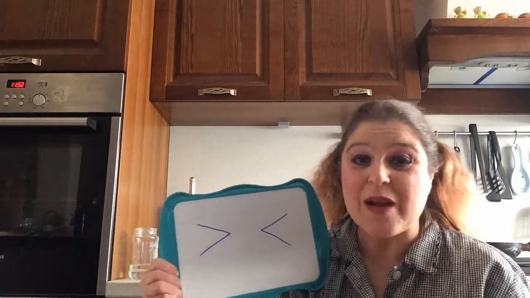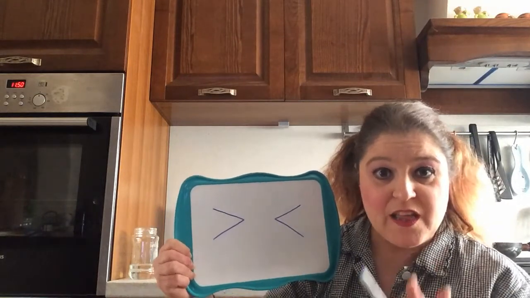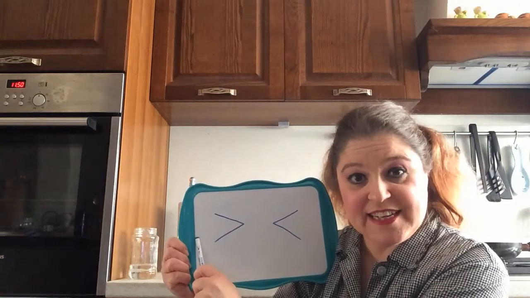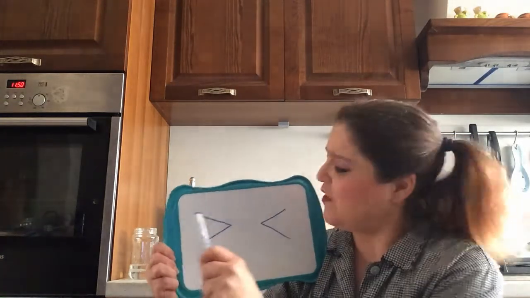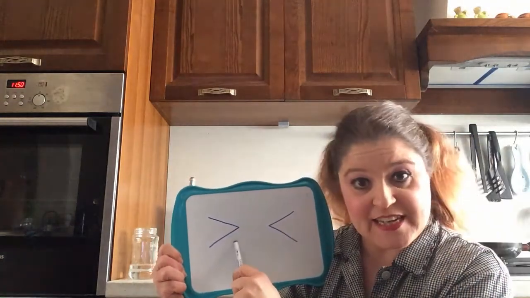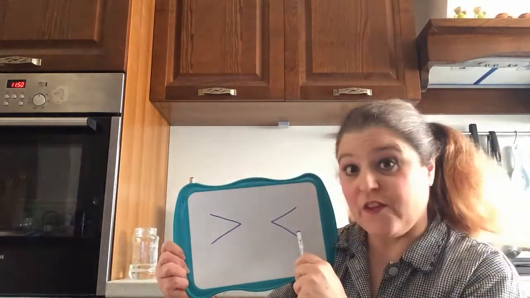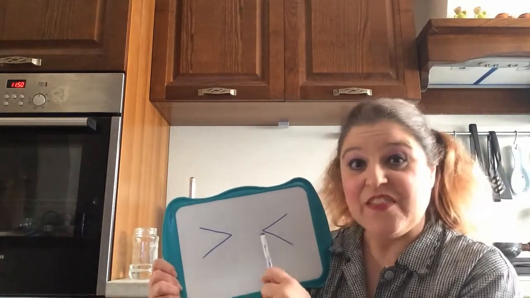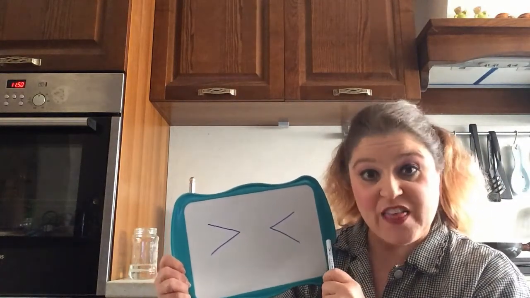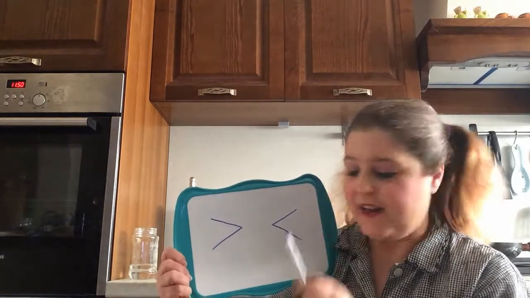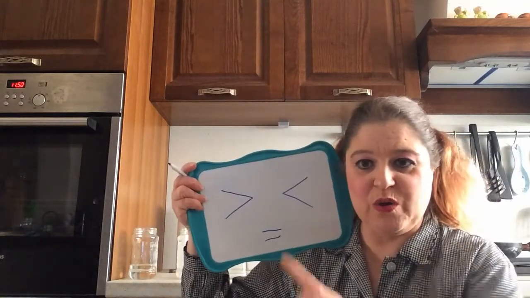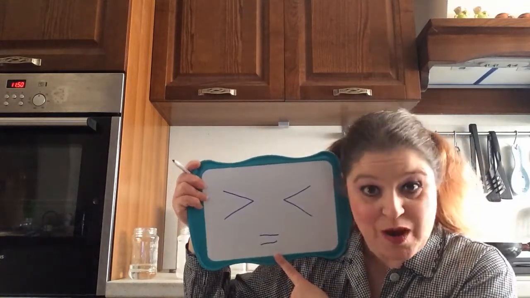Now, since we're talking about volume, that means that the volume of the container on this side will be greater than the volume of the container on this side. And the volume of the container on this side will be less than the volume of the container on this side. Now, who can remember what this one means?